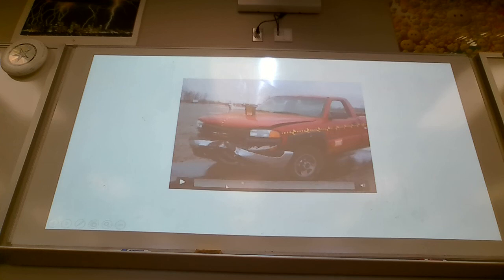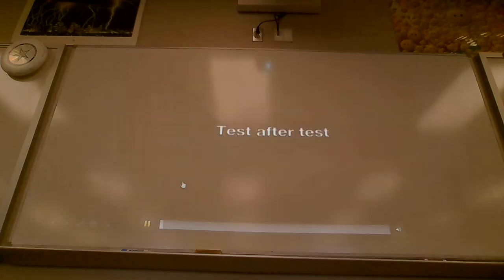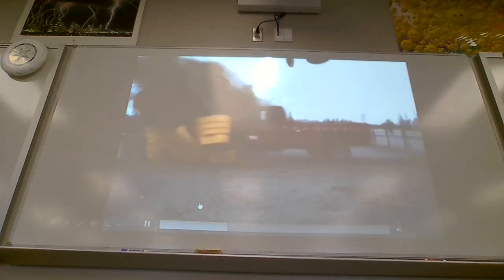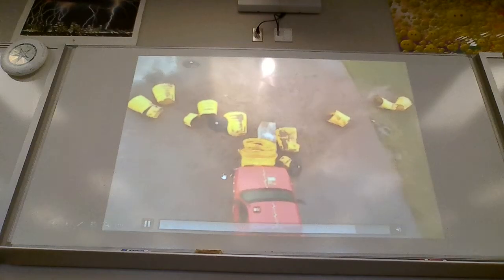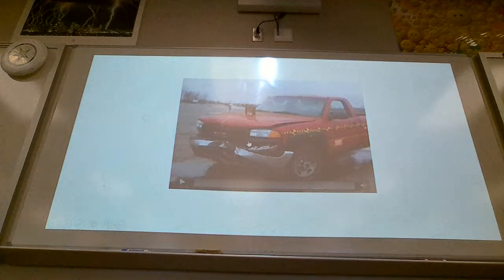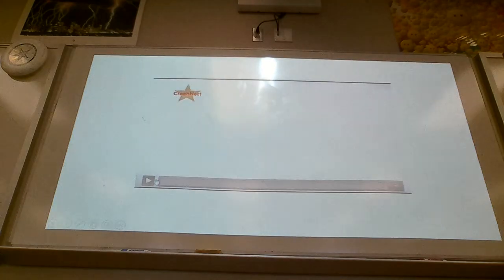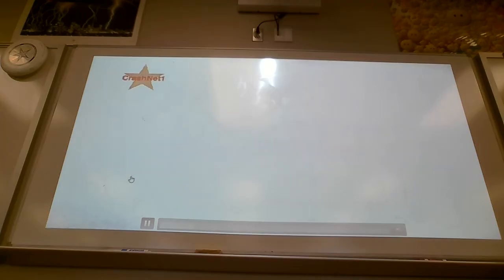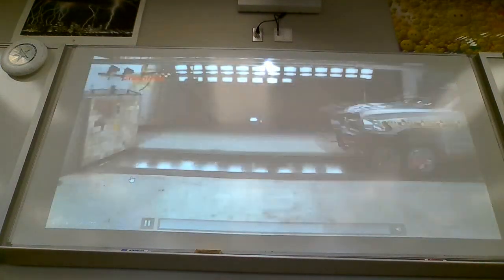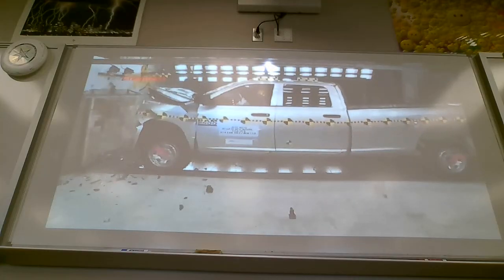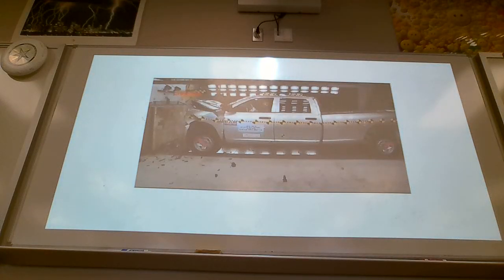They're either filled with water or sand. And what they're trying to do. Notice the difference between the front of the car or truck here versus the front of the truck here.